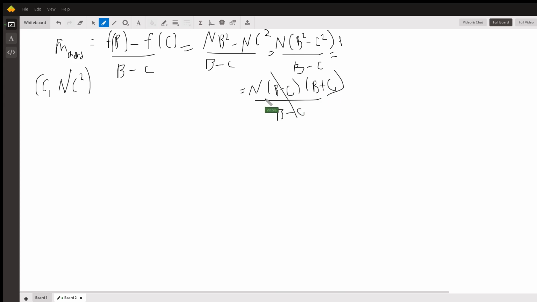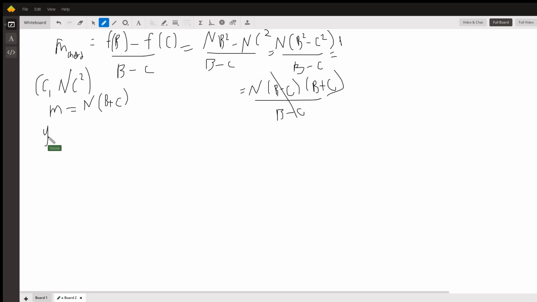So these cancel, and it turns out that the slope of the chord that we need to use is n times (b plus c). That's it.